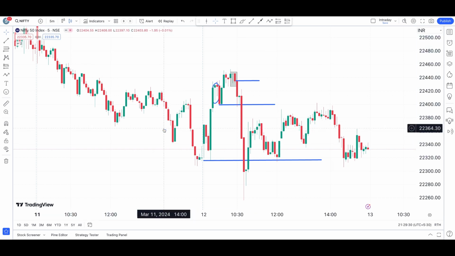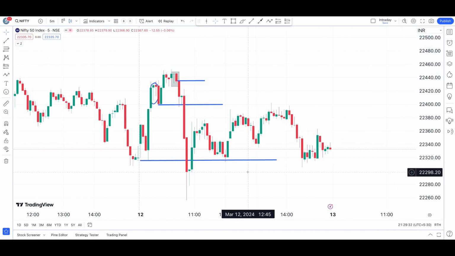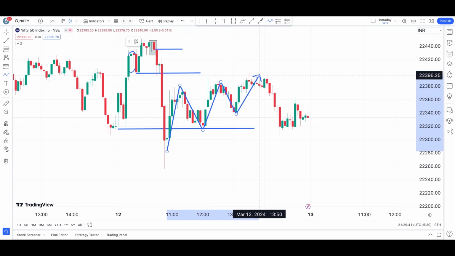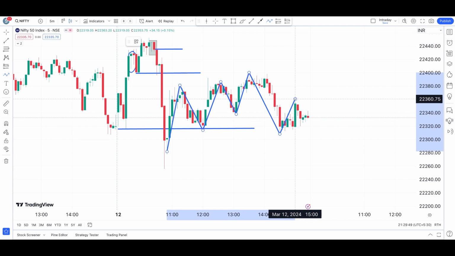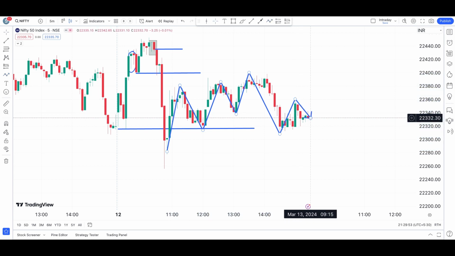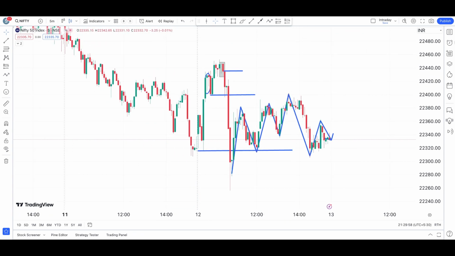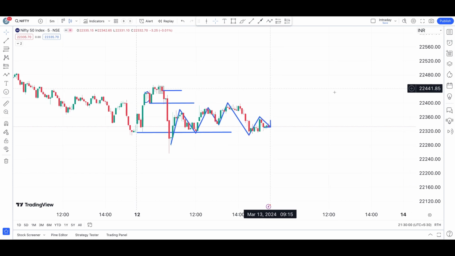After this hammer, we have literally seen Nifty going all the way up and all the way down and all the way up, and seen another higher low, and it kind of formed a higher high, but then eventually dropped from that level, and finally managed to close at 22,300 levels.